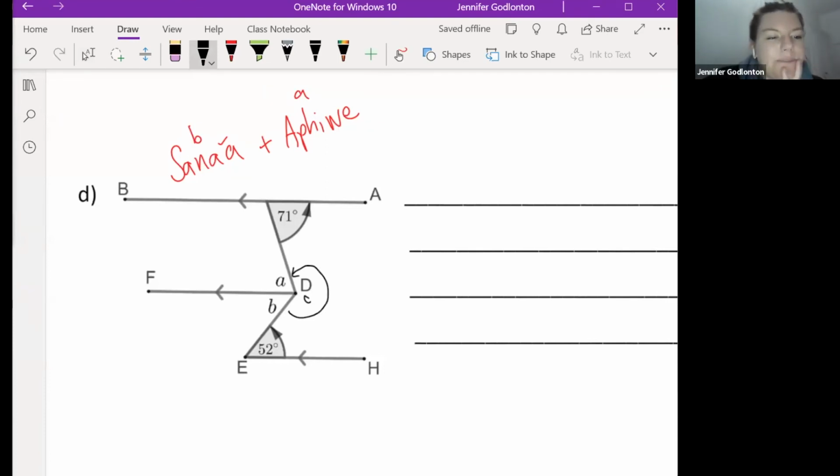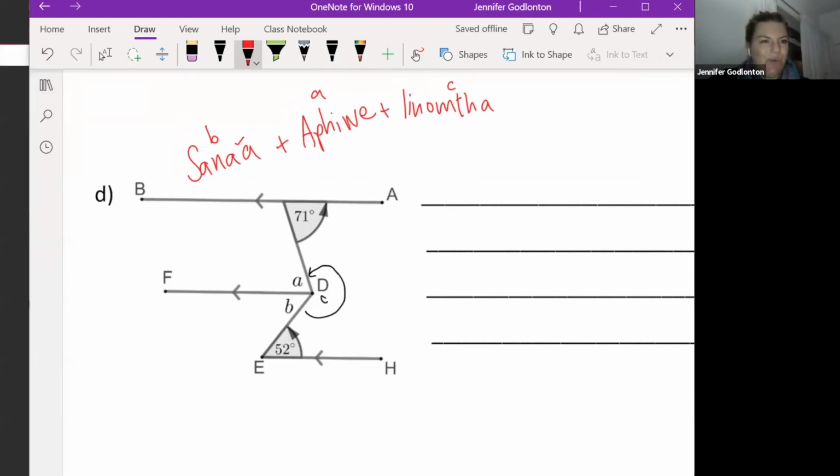I'm going to add a little C. So I also need a volunteer to give me C. Oh, don't worry, I promise it will get better. Are we ready? Can we start? Go.